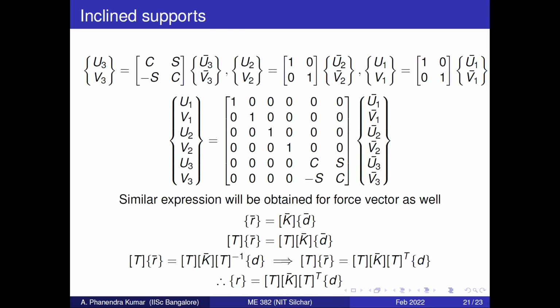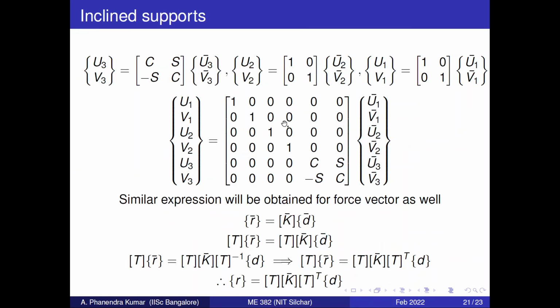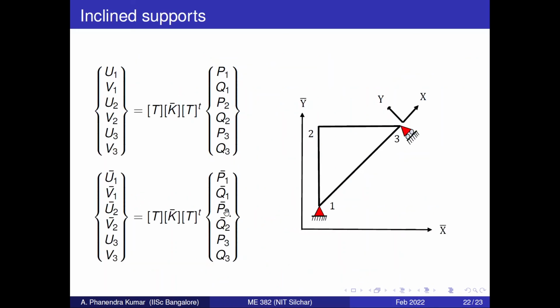This is how the transformation of coordinates will help when we have inclined supports in the member. Whenever you see an inclined support, you need to definitely first build the required degrees of freedom vector. Then based on the degrees of freedom vector, we can choose the load vector. Then we need to formulate the T matrix, and we need to develop the relation between local degrees of freedom and local loads in terms of the stiffness matrix, and finally we can evaluate the loads and the degrees of freedom vectors.